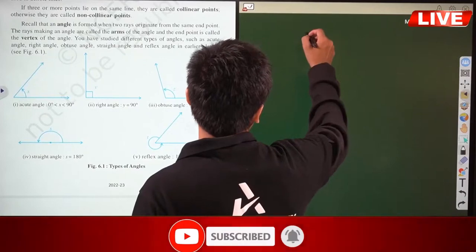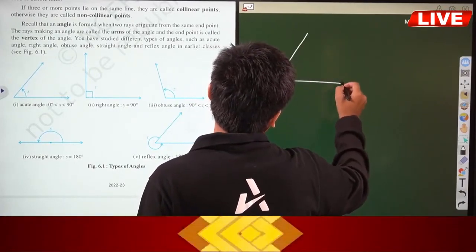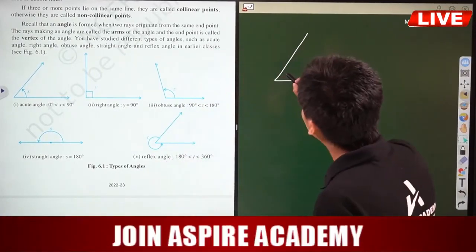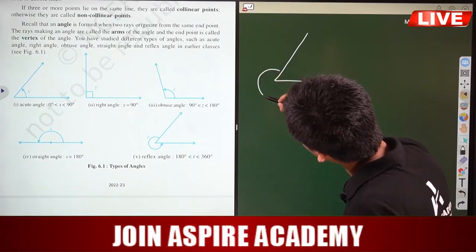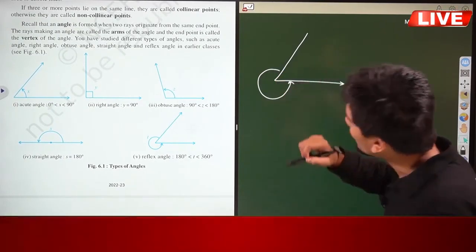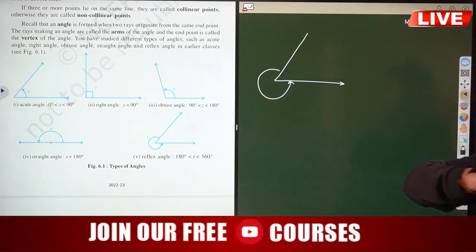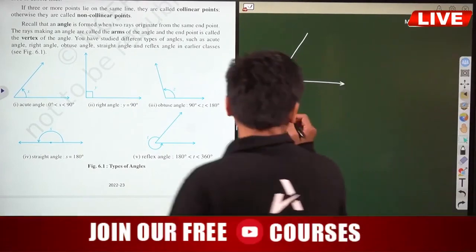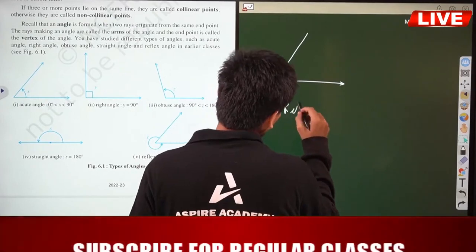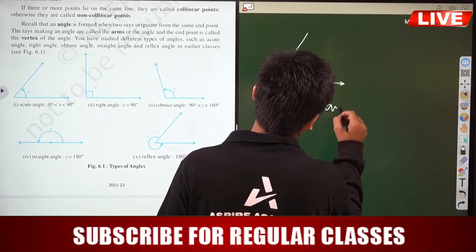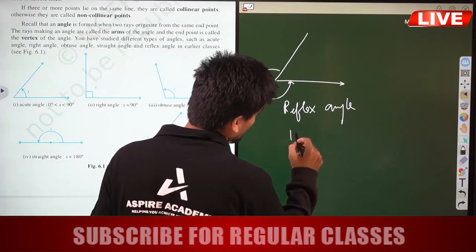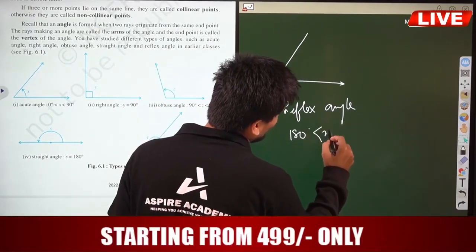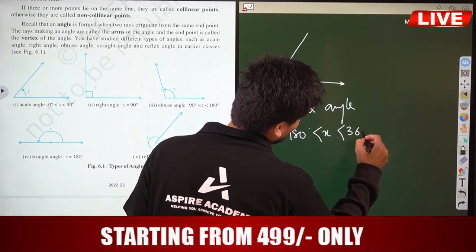So that means if this line goes on like this, like this, and gives a whole turn, then it is known as a reflex angle, right? And a reflex angle is always greater than 180 degrees but less than 360 degrees.